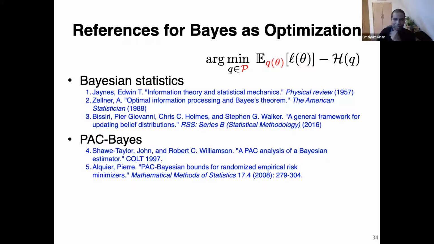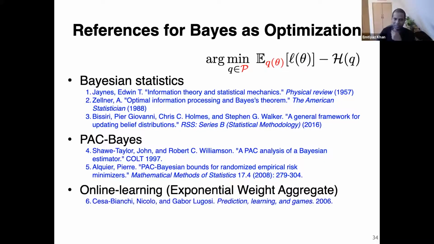What they show is that generalization error is always bounded by objectives that look like this, that have entropy or KL divergence built in. It's an amazing field that shows that it doesn't matter if you're Bayesian or not: if you're doing some kind of learning with a loss function, the generalization error will be bounded by something that depends on the entropy. So you see this formulation reappear in several places.